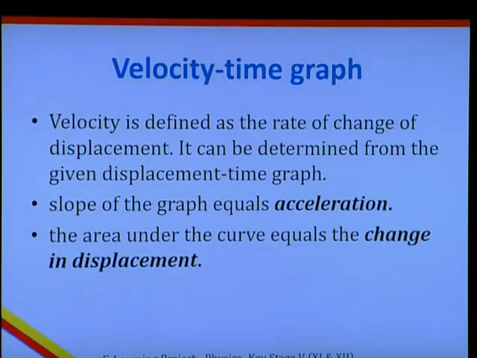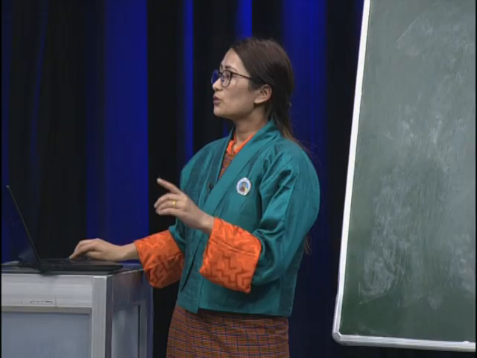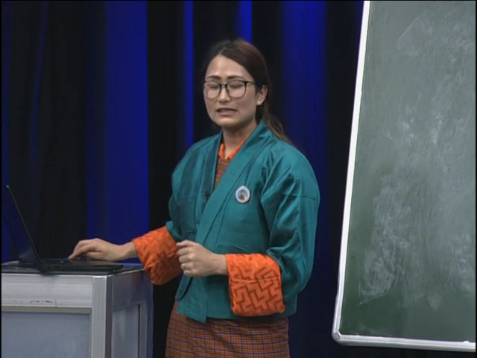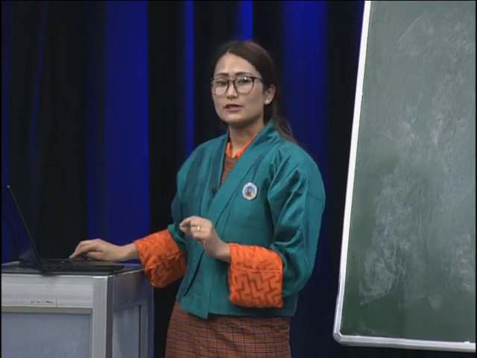So velocity basically talks about the rate of change of displacement, and when we consider a velocity time graph, it shows that the slope of a velocity time graph is going to give us the acceleration, and we will be looking into one example whereby we will be able to see that the slope is actually giving us the acceleration.